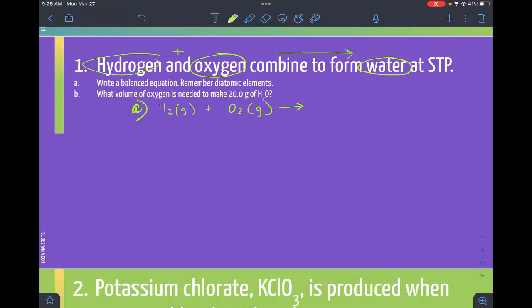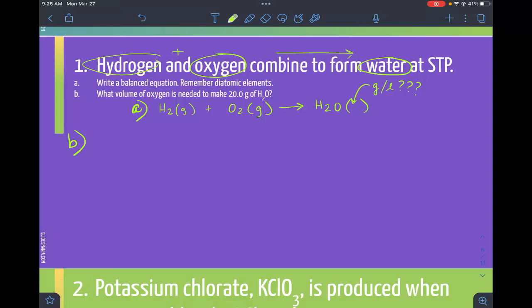Combined to form is going to be our arrow, and then water. In this case, y'all, water is probably a gas, but it could also sometimes be a liquid. So I'm going to say gas/liquid?. It doesn't matter though. It's not going to affect how we solve the problem, so I'm not going to worry about it. Part B says what volume of oxygen is needed to make 20 grams of H2O.